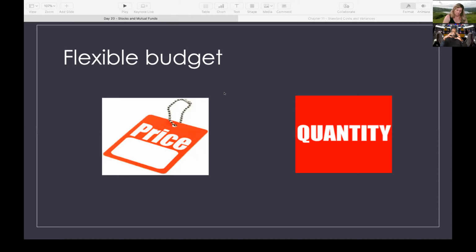So what we want to do is bifurcate, or separate out, how much of this is related to price, meaning we spent more or less than we had anticipated, and how much of this difference is related to quantity, meaning we used more or less than we anticipated. Does that make sense?